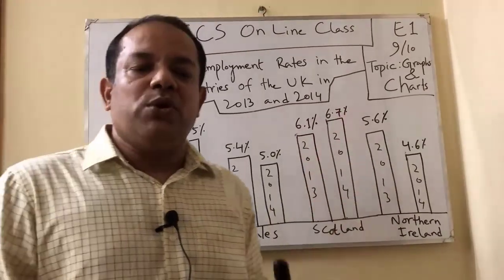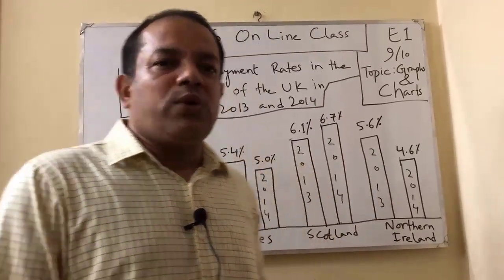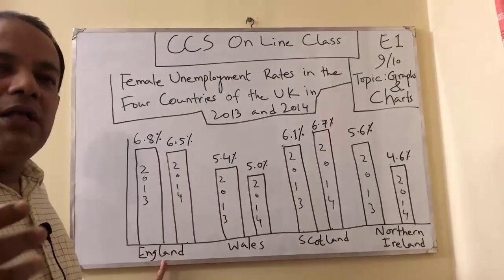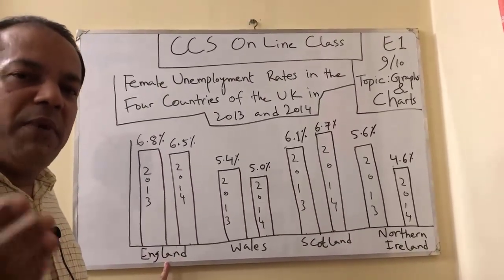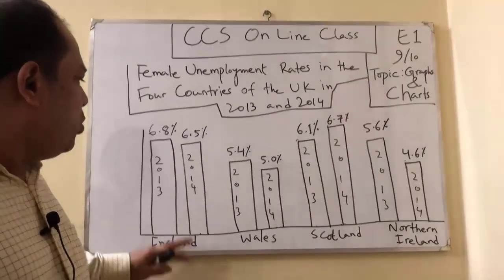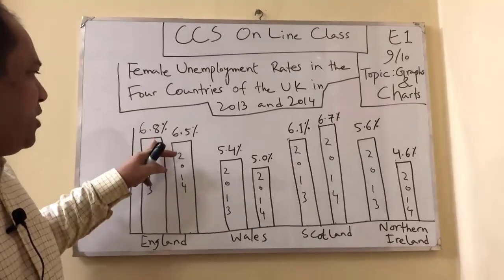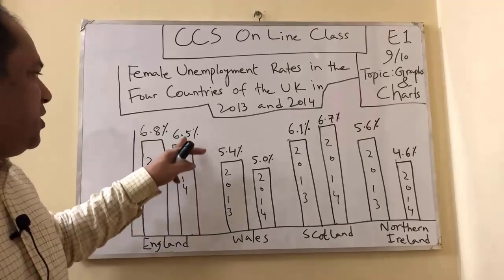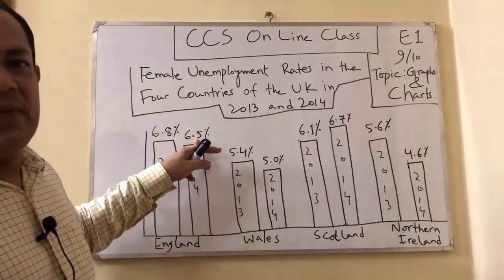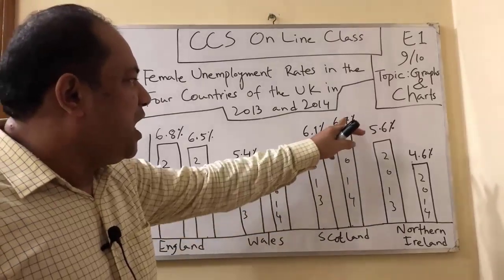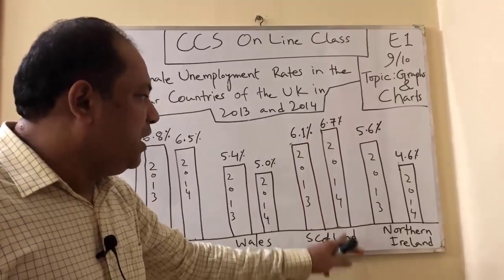So in your overview, you can give your information about England, which is, you see, 6.8% in 2013 and 6.5% in 2014. We can write it. And in Scotland it was 6.1% and 6.7% in 2014.